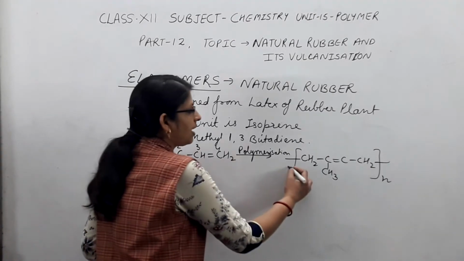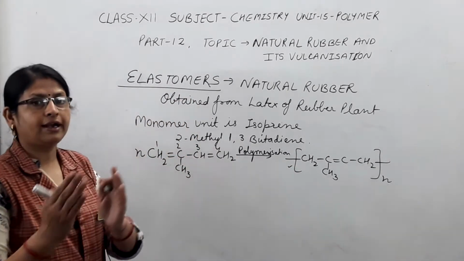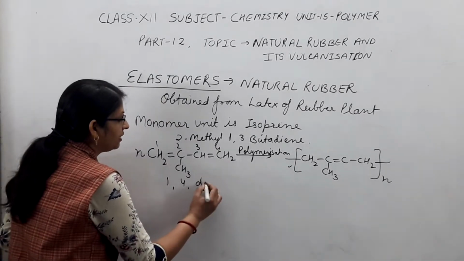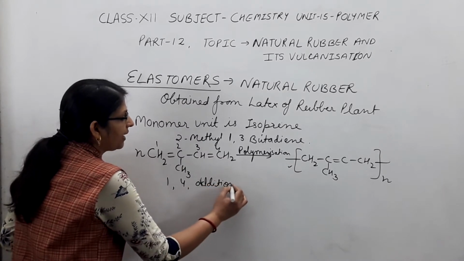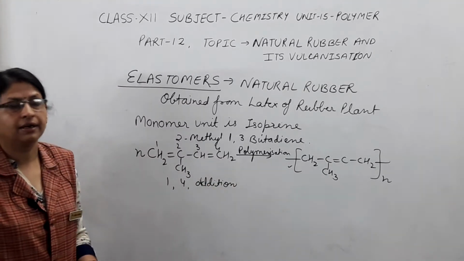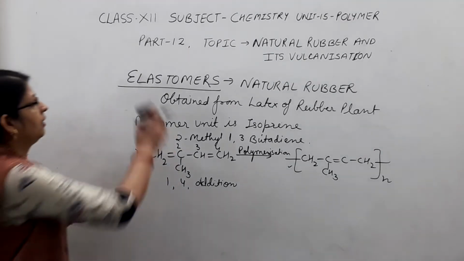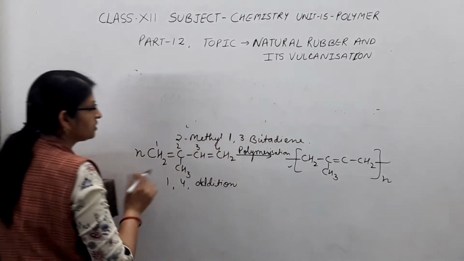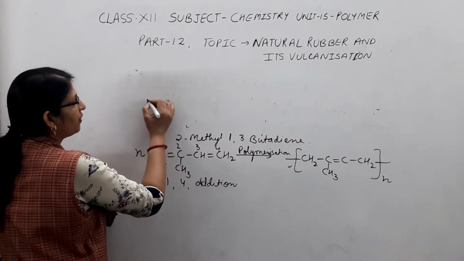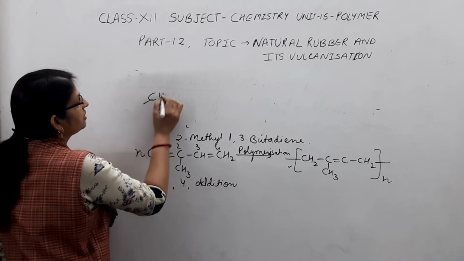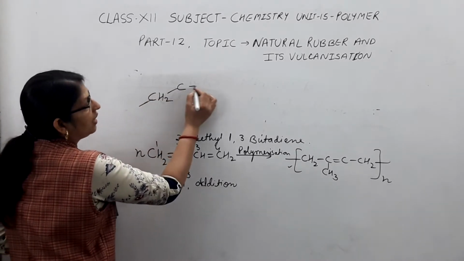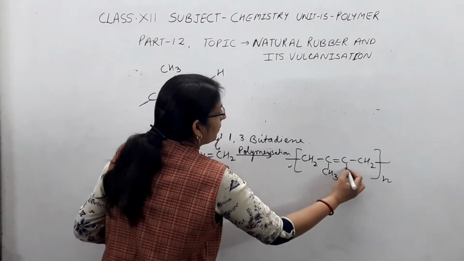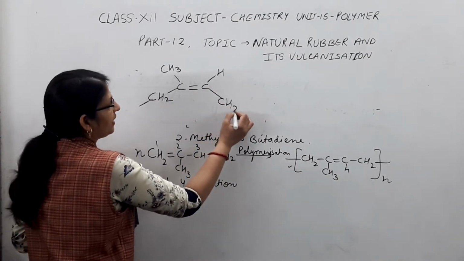But how is it attached? One monomer unit is attached with another monomer unit by 1,4 addition. It is known as 1,4 addition. Let us see how two monomer units join together and why it is called 1,4 addition. In this addition, CH2, C double bond C, CH3 and H group are present on the same side, then again CH2.